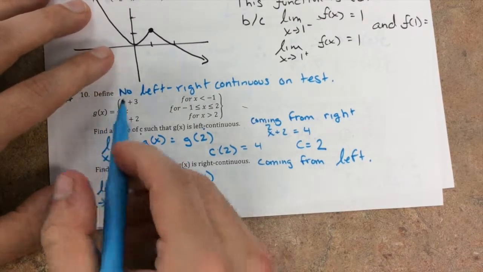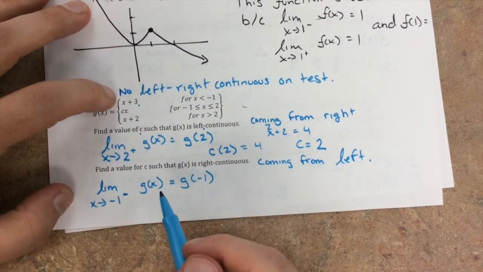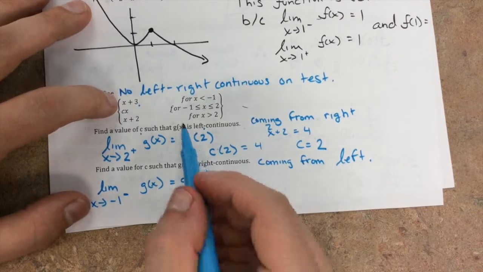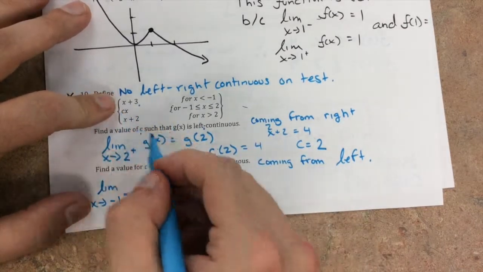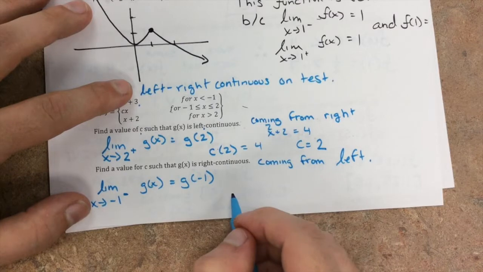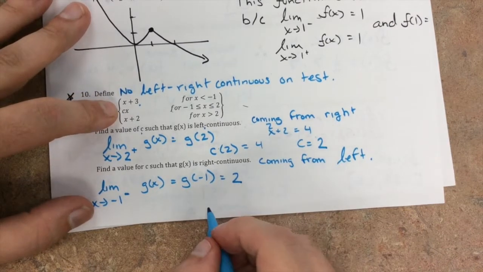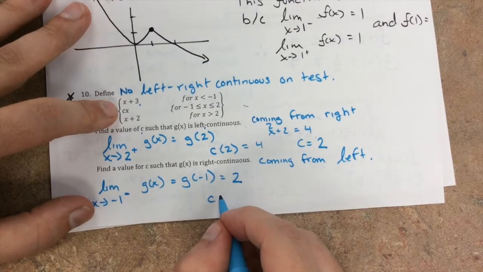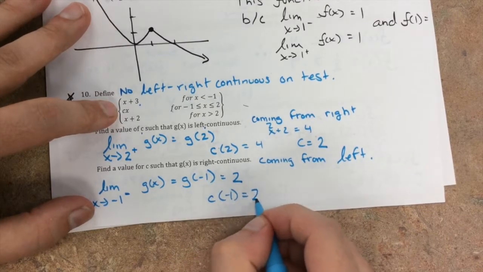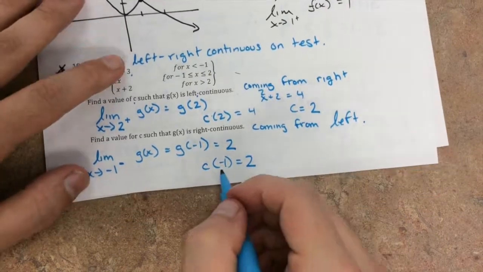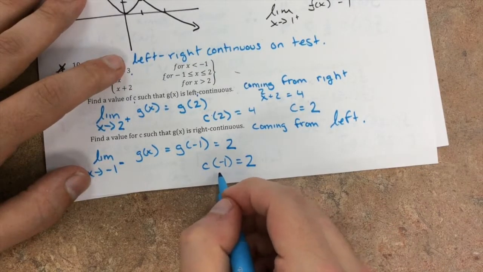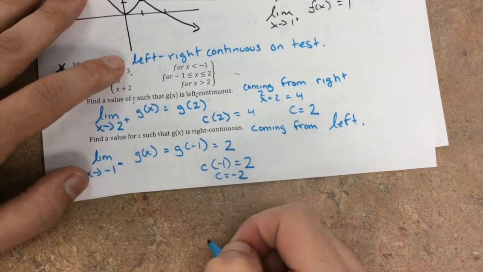So again, if we plug that into x plus 3 here, -1 plus 3 is 2. So we want that to be equal to 2. So c of -1 has to be equal to 2. So that is c equals -2.